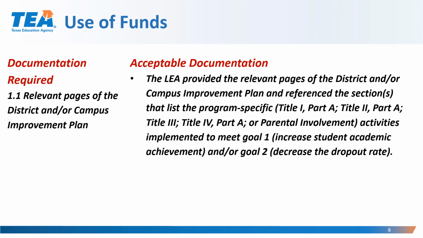The LEA provided the relevant pages of the district and/or campus improvement plan and referenced the section or sections that list the program specific activities, and these are the programs: Title I, Part A, Title II, Part A, Title III, Title IV, Part A, or parental involvement activities implemented to meet Goal 1, which is increase student academic achievement, and/or Goal 2, which is to decrease the dropout rate.